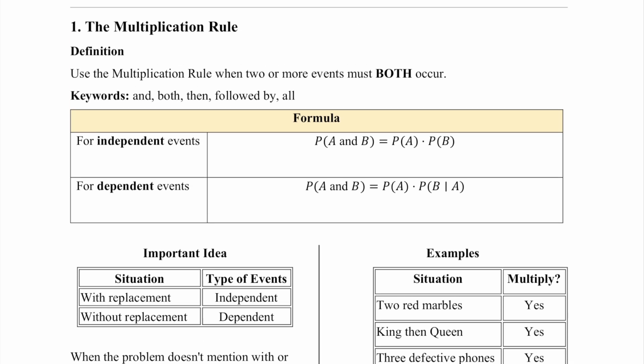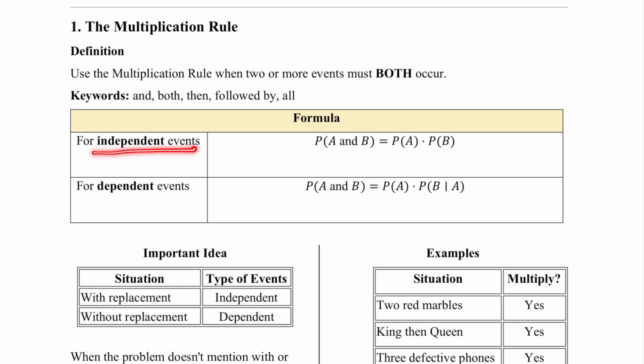Before we continue, let's briefly connect today's lesson to what we learned in the previous section. Last time, we learned about independent and dependent events. I'm not going to spend much time reviewing those ideas because we have already covered them. But let's do a quick refresher.